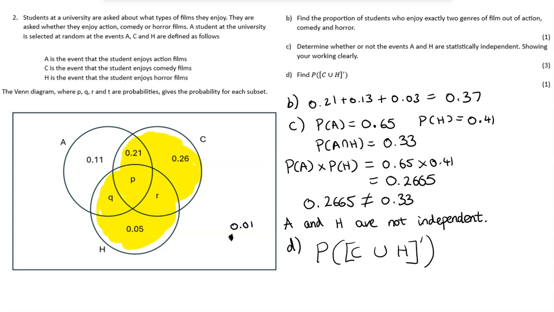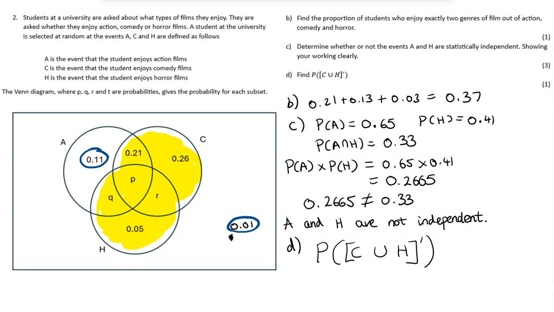But then outside those square brackets, you've got this dash, which means not C or H. So actually everything that I've shaded there is what we don't want. The only things we do want are the 0.11, because this would be where C or H isn't happening, as well as this 0.01 here.